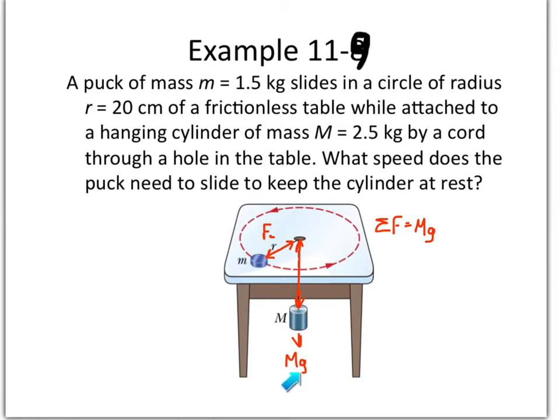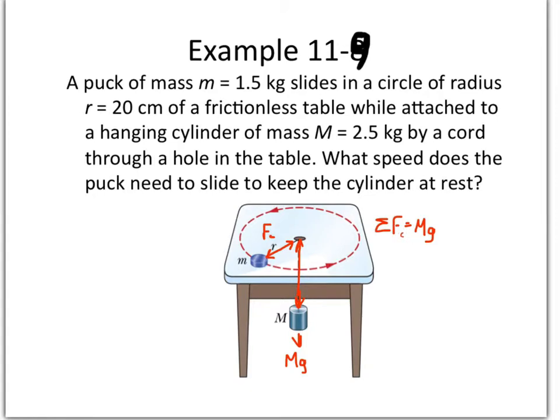And so that's really what we said right here. So the net force, I should say net centripetal force, directed towards the center is going to be equal to capital M times g. I should erase that and do a little c right there. Net centripetal force equals Mg.